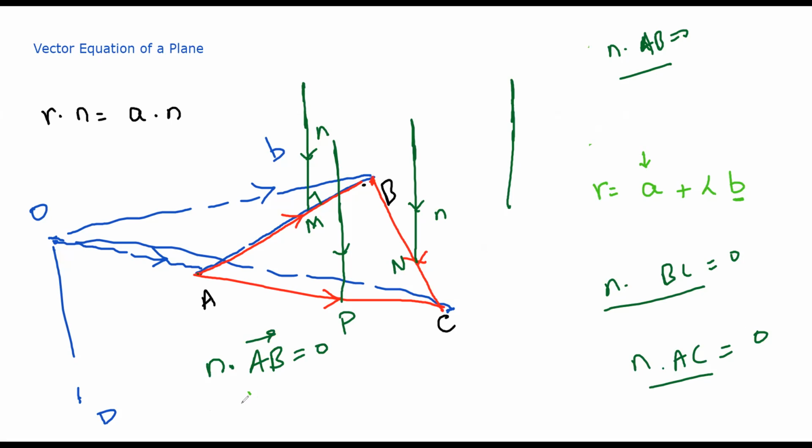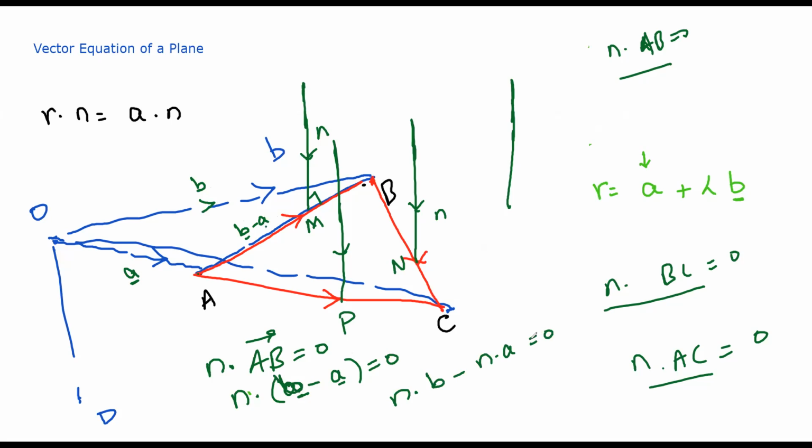Now this n dot, this should be b minus a, that is going to be equal to 0. If this direction vector is a and this is b, your AB would be b minus a, है ना? So this is n into b minus a, that is going to be equal to 0. Can I write it as n dot b minus n dot a, that is equal to 0?